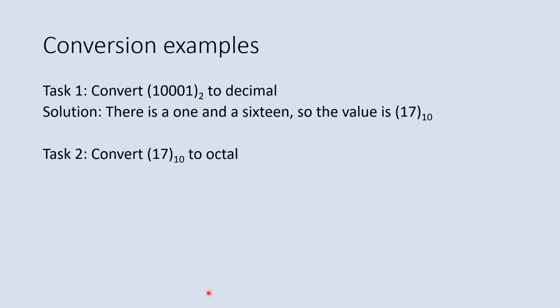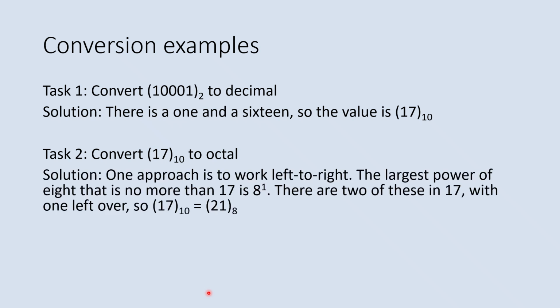What if we had the number 17 in base 10 and we want to convert that to base 8? So one approach, there's more than one algorithm. This is kind of a usable algorithm if we're doing this ourselves as people. We will look at other algorithms later that are easier to implement and work well.